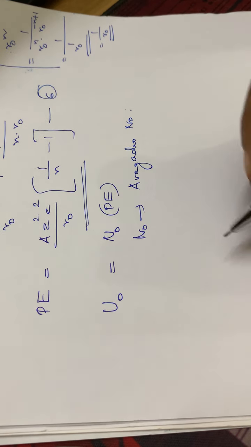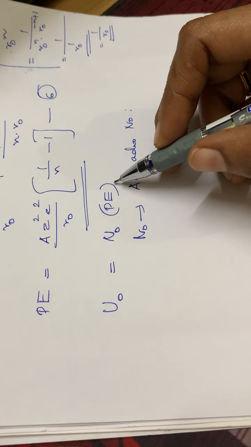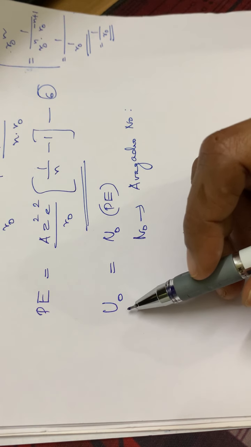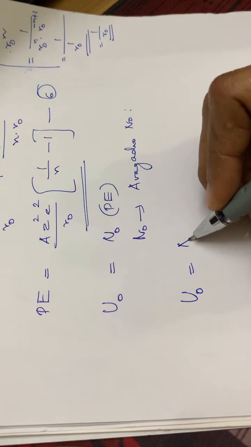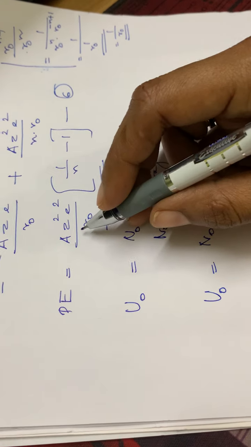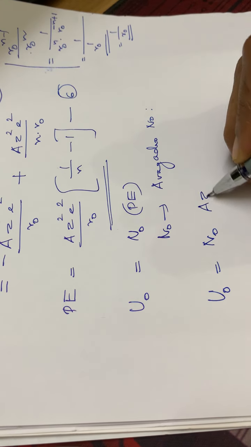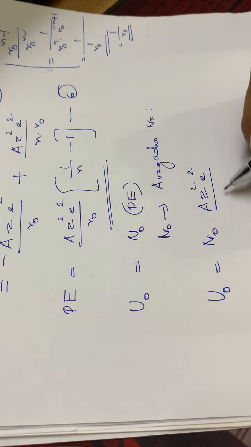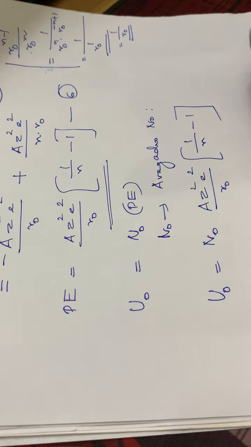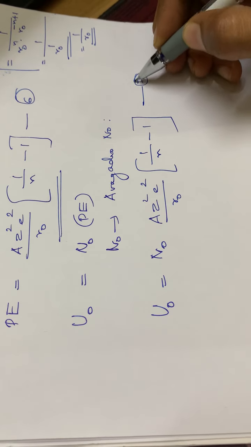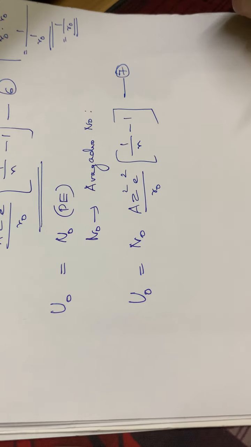Okay. So here U0 is equal to N0 into potential energy. So from this we can calculate the lattice energy. So U0 is equal to N0 into what is potential energy? This term, that is A Z square into E square divided by R0 into 1 by N minus 1. Okay. So this is equation number 7, the definition for potential energy.